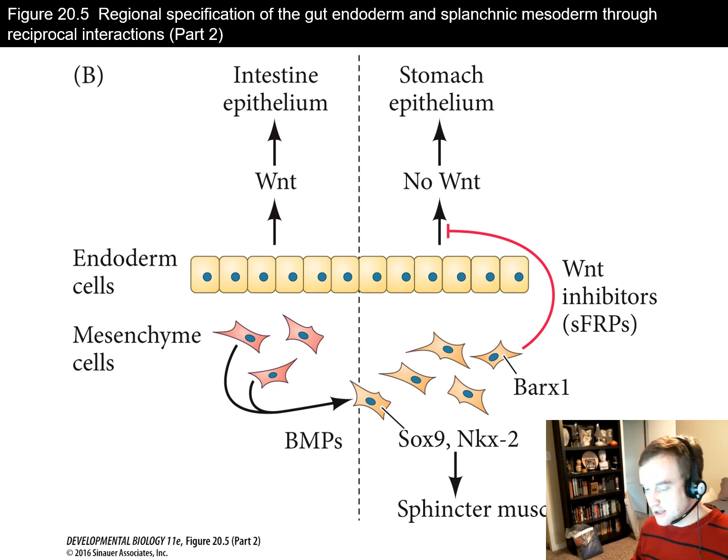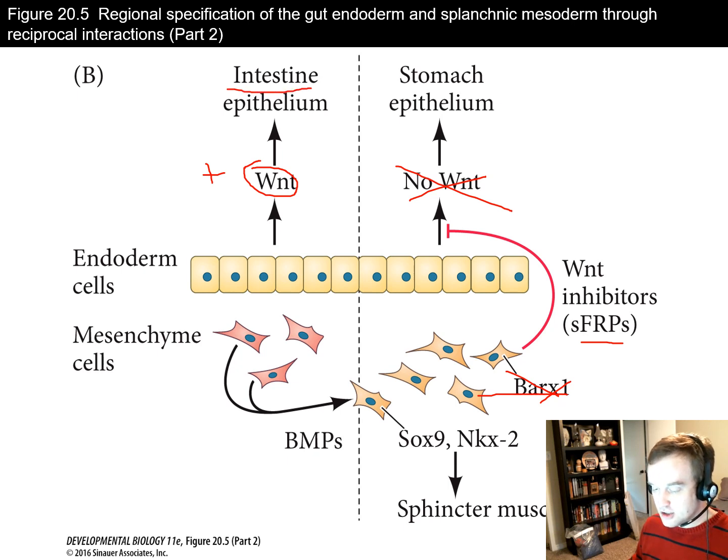And so, for instance, in the stomach, BARX1 here activates these SFRPs, which block WNT and cause that tissue to differentiate into stomach tissue. In the intestines, because it's experiencing different mesenchyme, there is no BARX1, and so there's nothing to block WNT, so we'll put a plus here because we're good to go, and thus we develop into intestinal epithelium tissue.